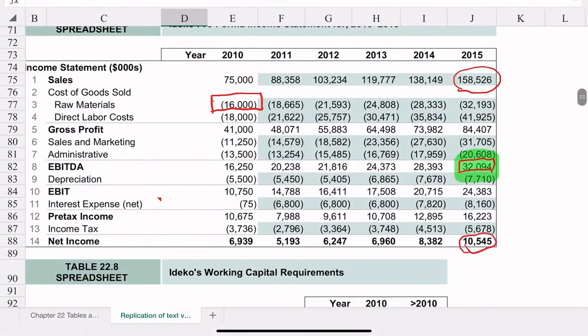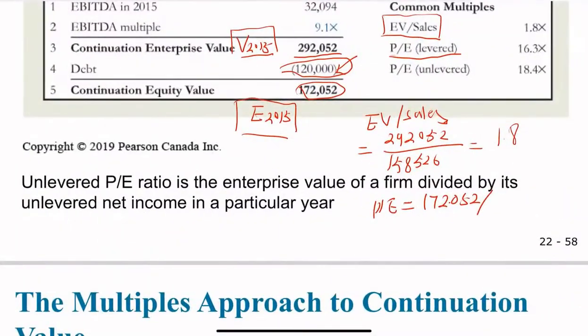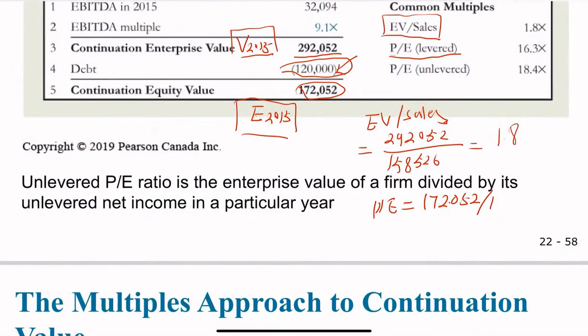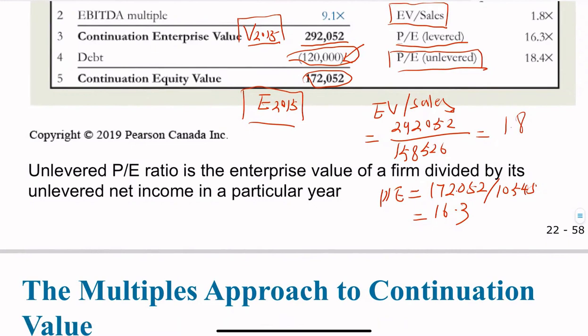It's 10545, right? So this gives us 16.3. And then you could also calculate the unlevered PE ratio. Unlevered PE ratio is just the firm's enterprise value divided by its unlevered net income. And again, you can get these two numbers from that pro forma income statement.